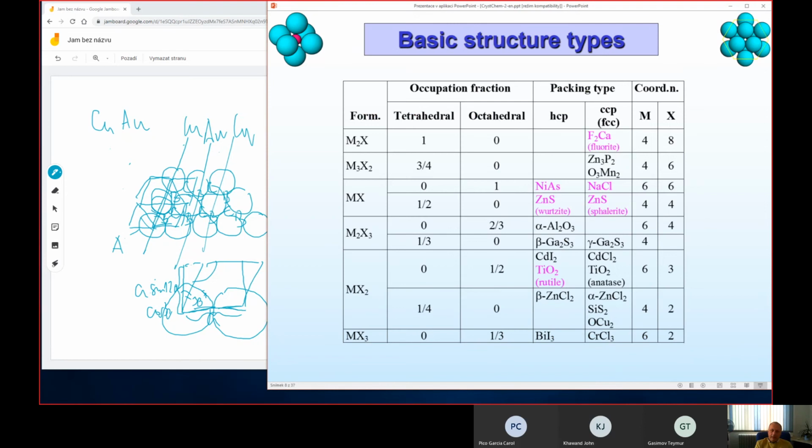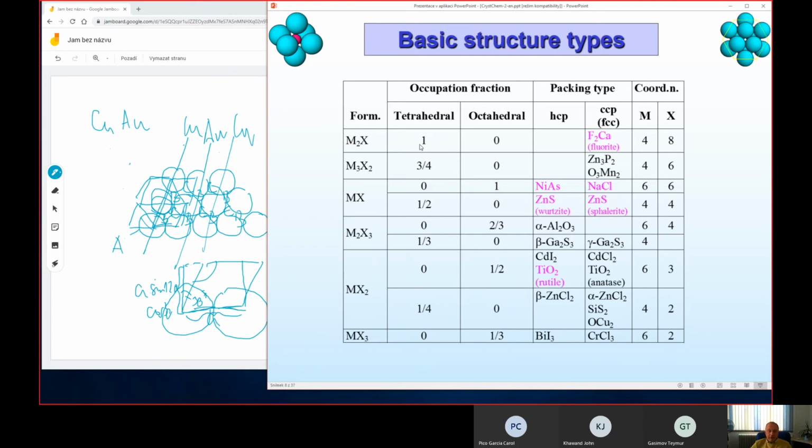Okay, now based on this concept of occupation of different sites in close-packed structures, we can derive a number of structure types. For instance, if we consider a close-packed array, in this case large cations and small anions enter all tetrahedral sites.